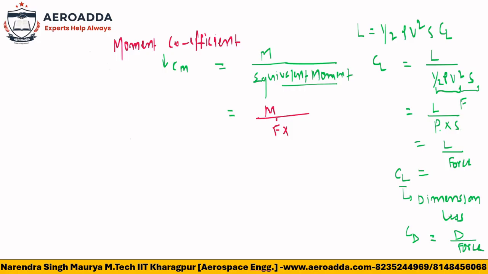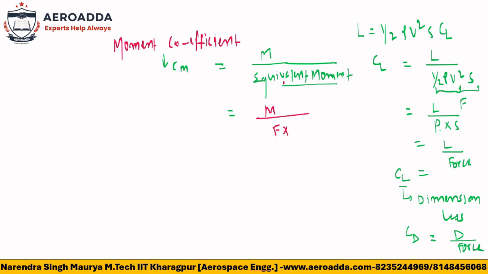C from leading edge to trailing edge is fixed, but if you take the quarter part or half part of it, you can easily define it. If you say C by 2, you are talking about the moment at 50% of the chord.